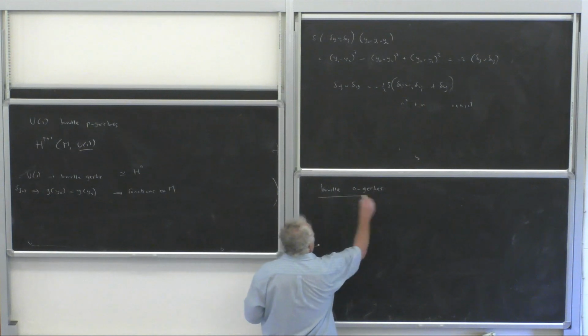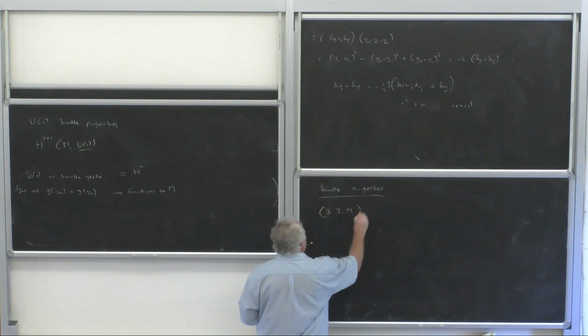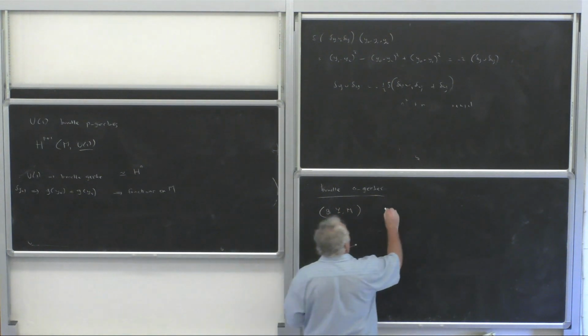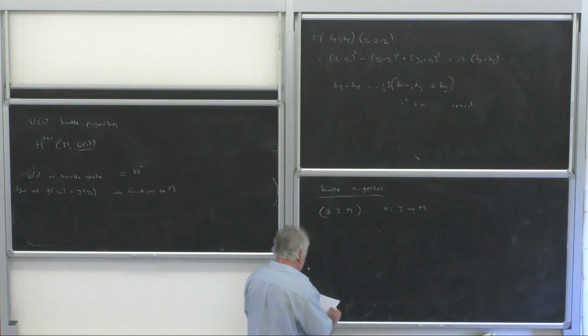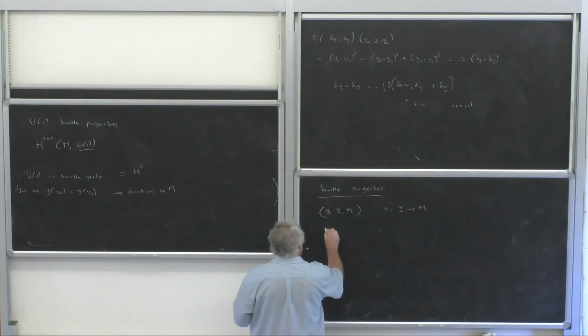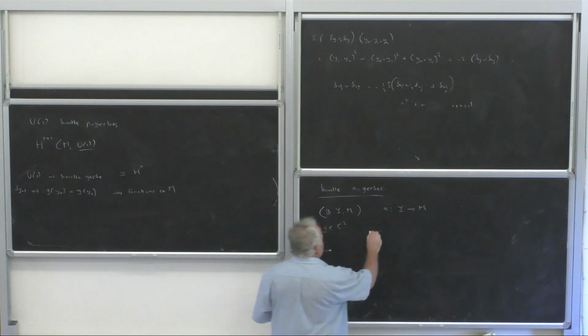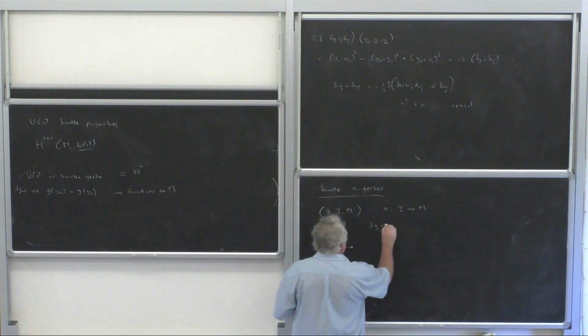So for me, a bundle 0 gerbe is a triple (G, Y, M), where I have a surjective submersion, and of course this G is an element of C2. It's a 2-cochain, or 2-cocycle in fact, satisfying del G is 0.